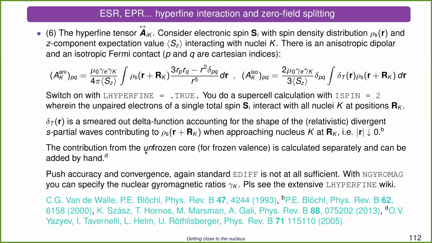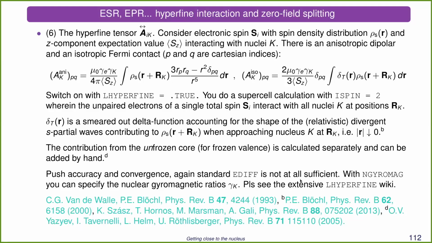And it's rather funny. First, you do the valence calculation with the frozen core, and then you do an unfrozen core calculation with the frozen valence. And you have to add that by hand to these contributions over here. And again, you have to be careful with accuracy and convergence. The standard ENCUT will not be sufficient. You have to play with that again.